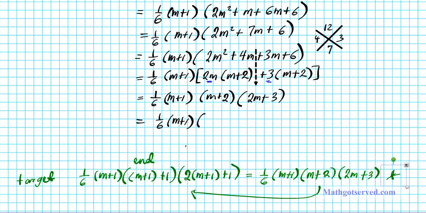So I want to use the right grouping symbol here. So we're going to have quantity m plus 1, and then 2m plus 3 can be written as clearly as 2 times m plus 1 plus 1. Boom. And that's exactly what we wanted.